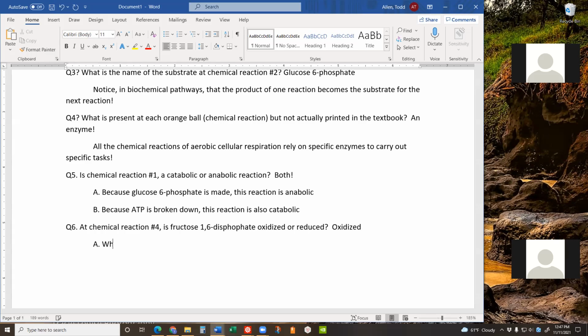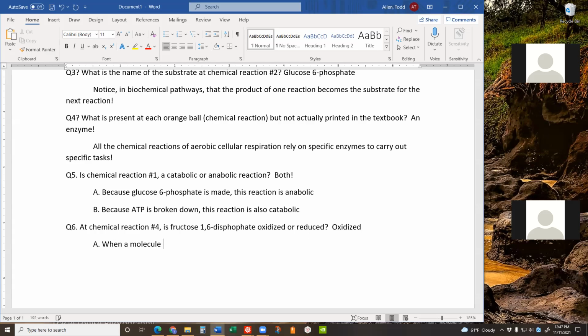When a molecule is oxidized, you break chemical bonds. Elena was absolutely right about that. And what is going to become apparent a little bit later on is when you oxidize molecules, you break bonds, and when you break bonds, you release electrons that can be used in other chemical reactions.